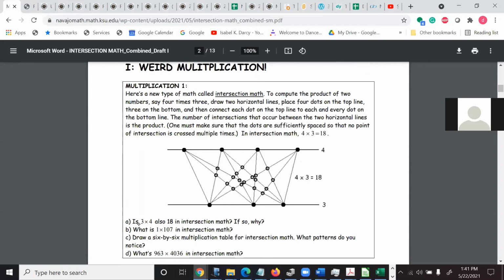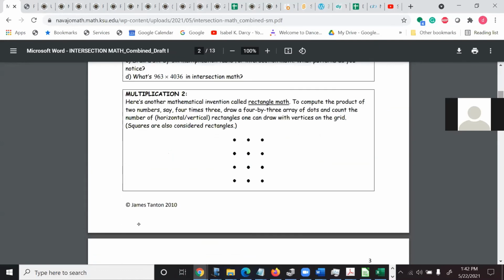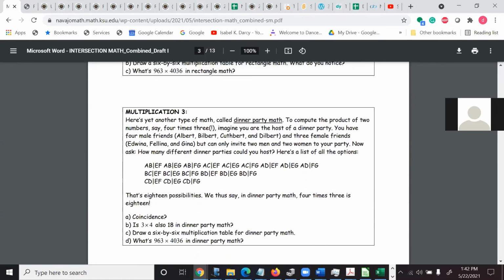I'm going to describe this picture to you. He also has a description with grids, where he's going to get the same sort of thing about counting rectangles. This is what we've been studying, this multiplication number 2. Then he has a multiplication number 3, which I'm going to describe.